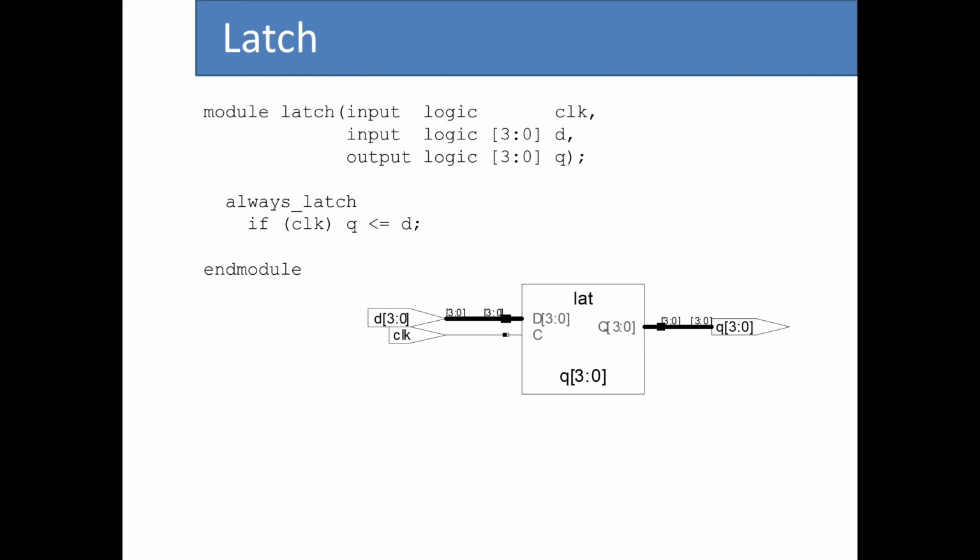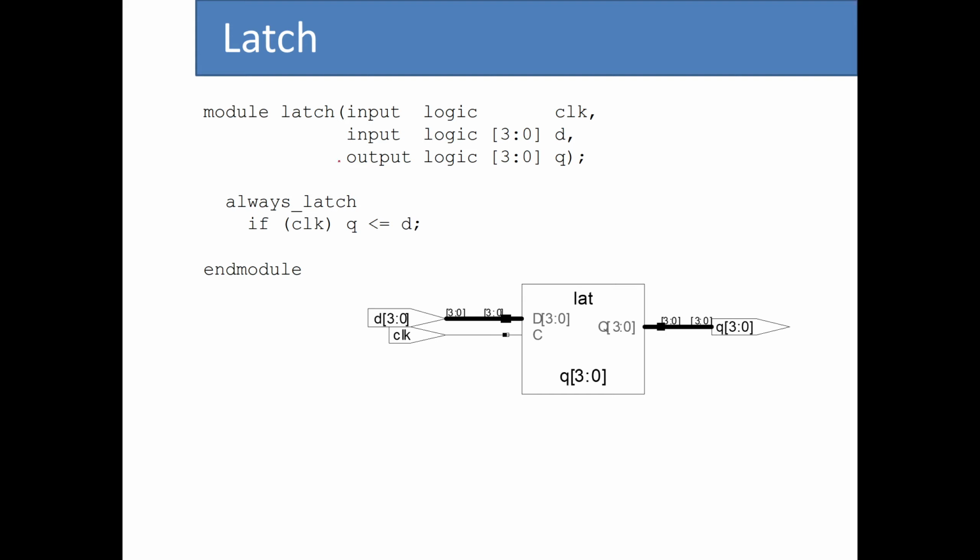So for latches, as long as the clock signal was 1, the output would get the value for the data input. But for flip-flops, only on the rising edge of the clock or on the falling edge of the clock, the output would get the value for the data, and at all other times it preserved its previous value.